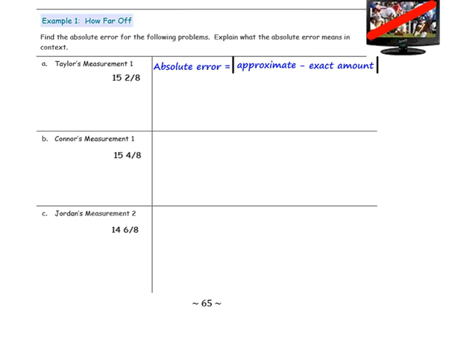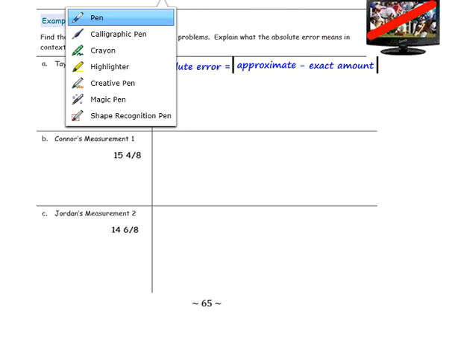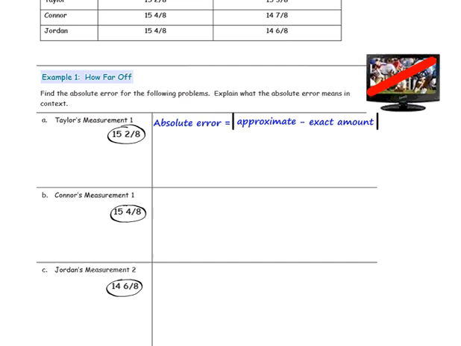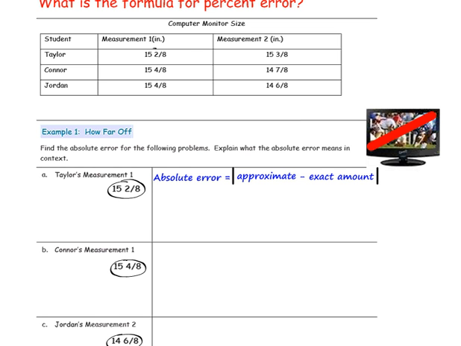So what they did is they had Taylor, Connor, and Jordan measure this TV. And what they noticed is that they all came up with different answers. Not only did they come up with different answers, but they measured it twice and still came up with different answers. When Taylor measured it, she came up with two different answers.